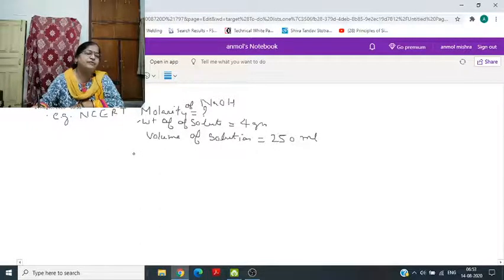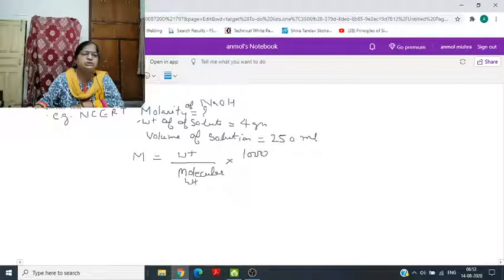The formula for molarity will be: molarity is equal to weight upon molecular weight into 1000 by volume of solution in ml.